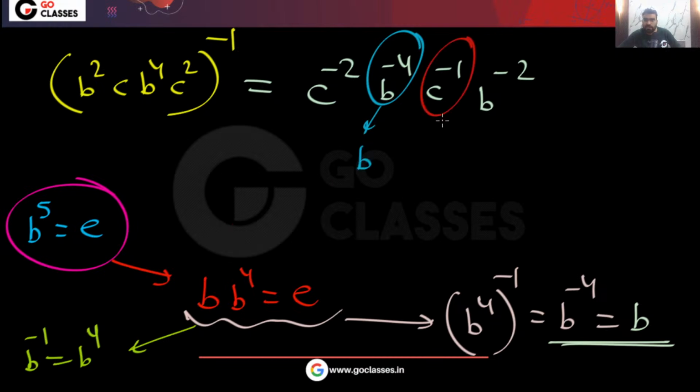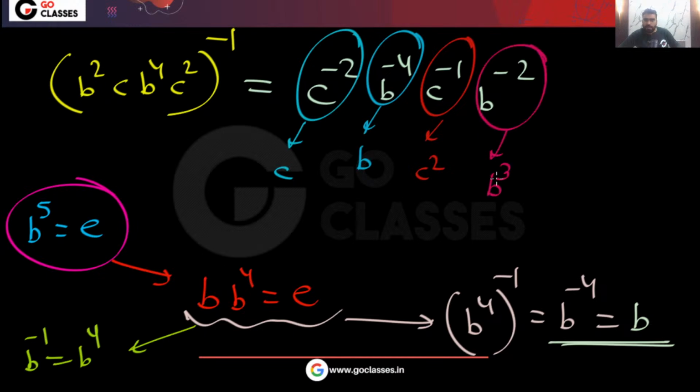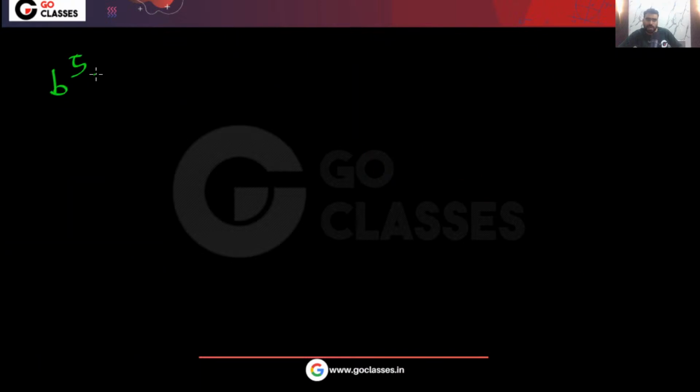Similarly, c inverse will be c power 2, and c power 2 inverse will be c, as we have already seen. And b power minus 2 will be b power 3. The reason is simple: b power 5 is given as e, and you can write it as b power 2 times b power 3.